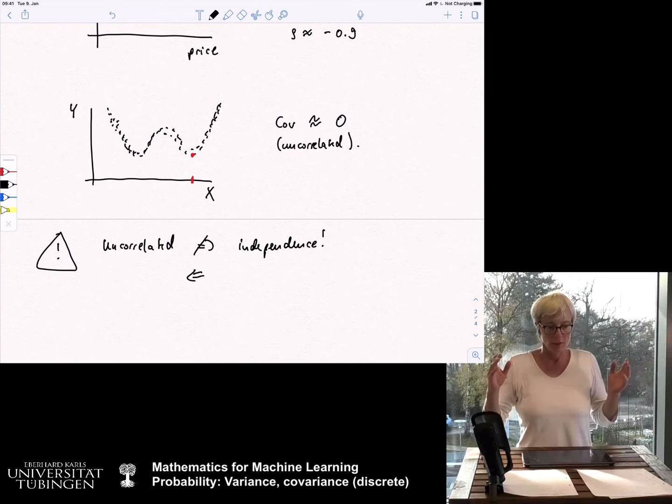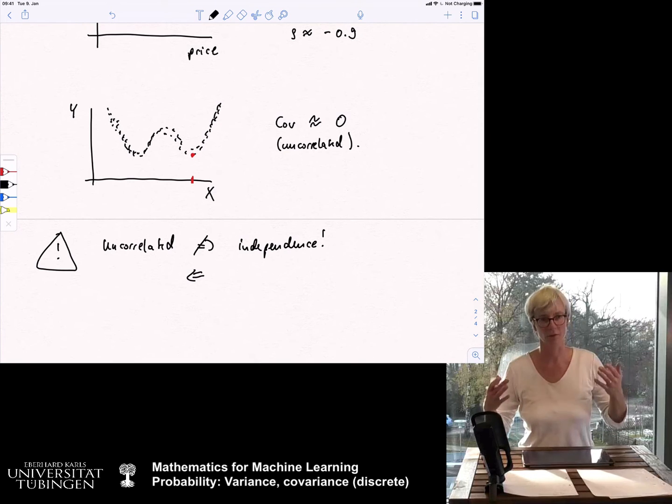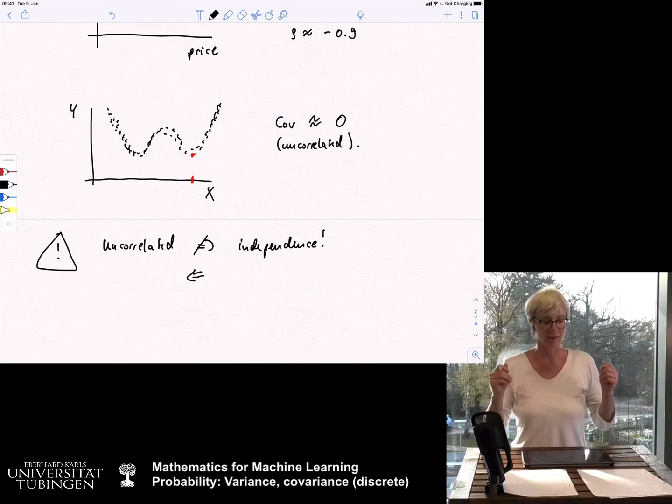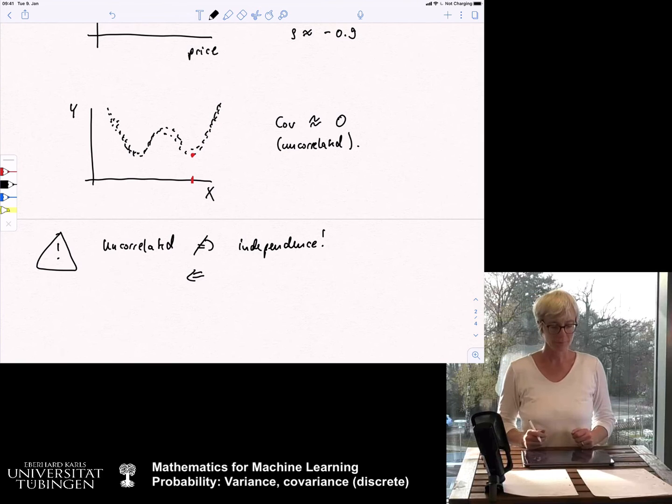What I really want to convey to you is that correlation and covariance essentially look at linear relationships. If what you're hoping to find is not a linear relationship, then covariance and correlation is not the tool that you should use to evaluate whether this relationship is there or not. This is really very important to get.